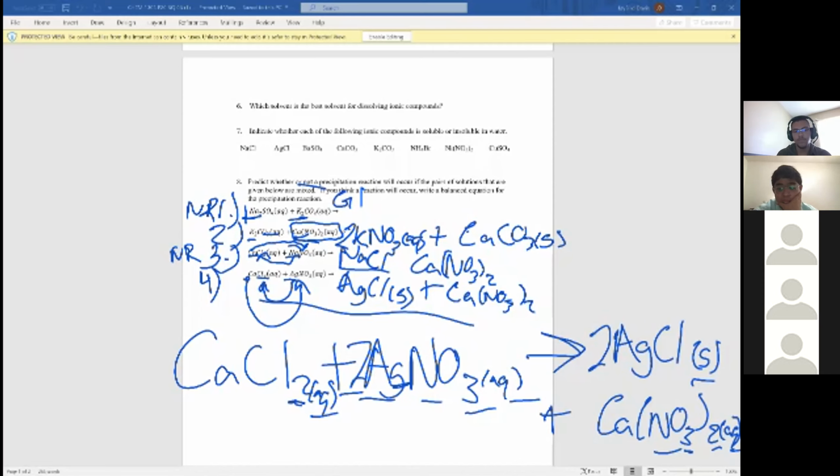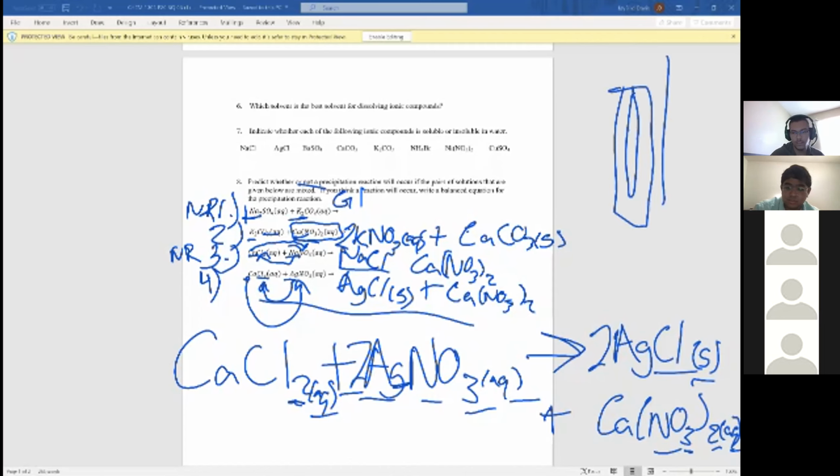For silver chloride, we know chlorides are soluble, right? So how's that solid? Not all chlorides are soluble. So chlorine, or chloride, falls under this lovely column next to the noble gases called halogens, or when they're in an ionic form, they're called halides, right?